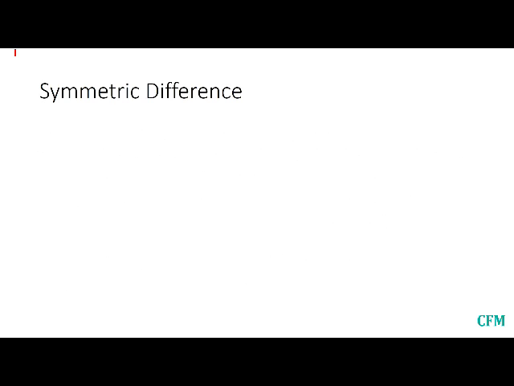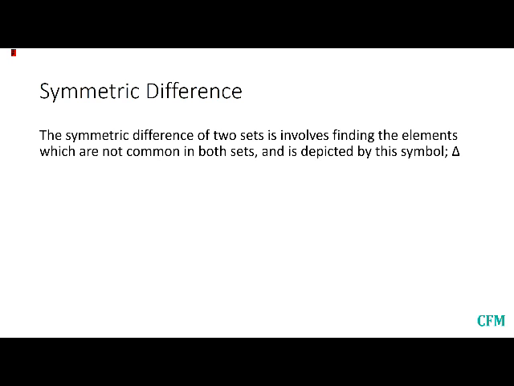We'll move on to symmetric difference. Now this is even more complicated, and it's essentially what we've done before: we found the elements which are not common to both sets, and we're doing that again, but we're doing it for both sets.